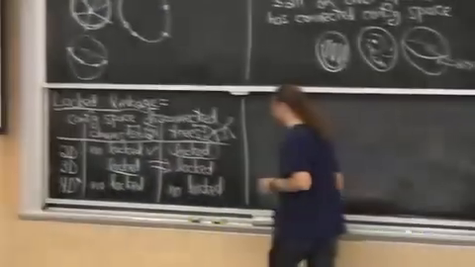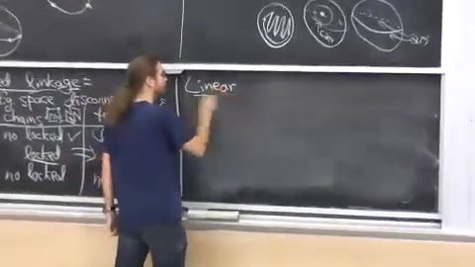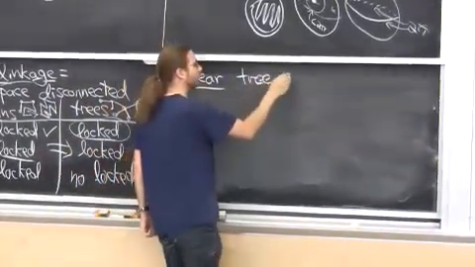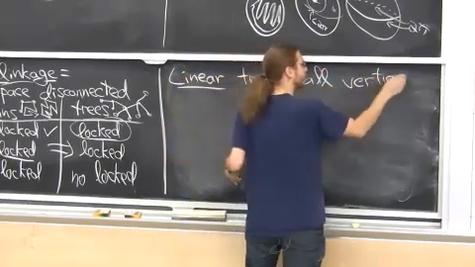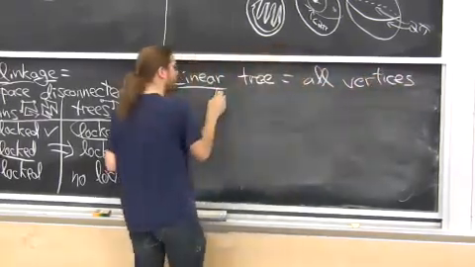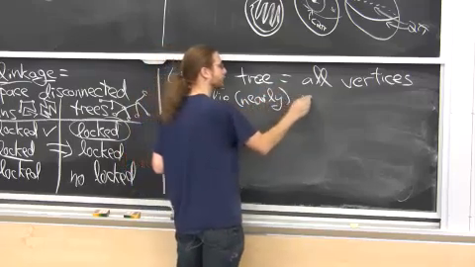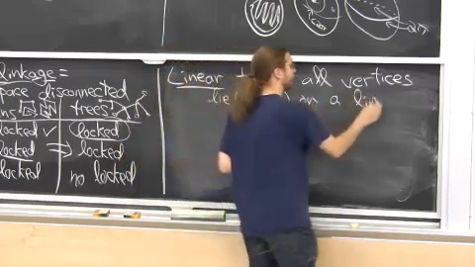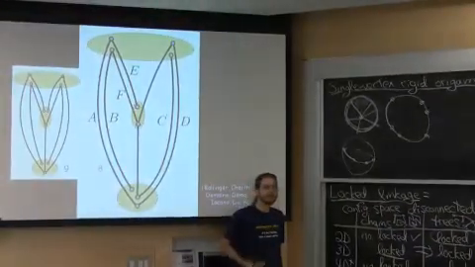We can actually prove something along those lines. So a linear tree is one where all the vertices lie nearly on a line. So this is a linear locked tree. And we can prove that among all linear locked trees, they must have at least 8 edges.